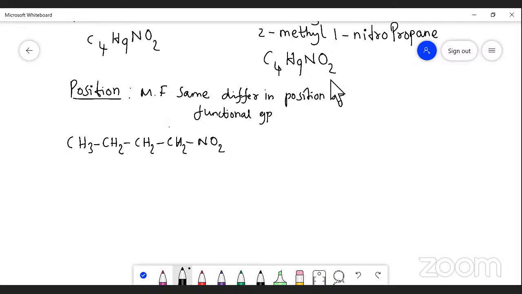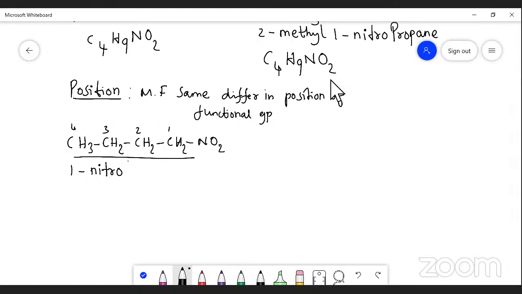A nitro group is attached to the first carbon, then second, third, and fourth. Here the carbon skeleton is a straight chain. The first carbon is attached with the functional group. So the name of the compound is 1-nitro, because the nitro group has a prefix. How many carbon atoms are in the longest carbon chain?